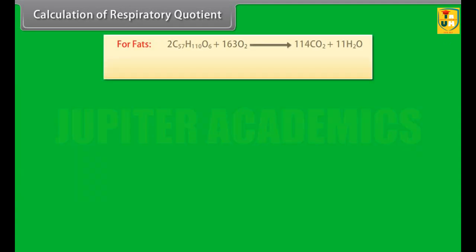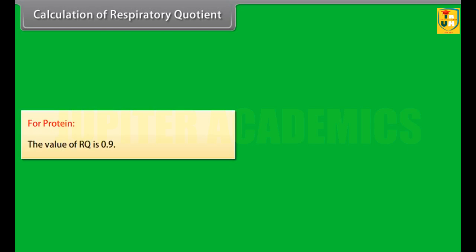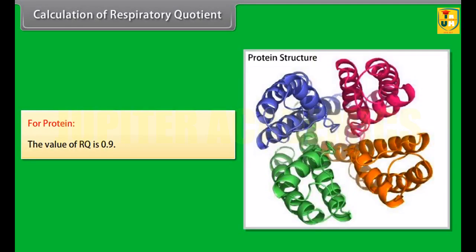For fats, 2C57H110O6 + 163O2 gives 114 CO2 + 110 H2O. Respiratory quotient is equal to 114 CO2 / 163 O2 = 0.7. For protein, the value of respiratory quotient is 0.9.